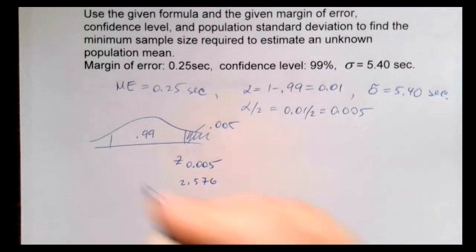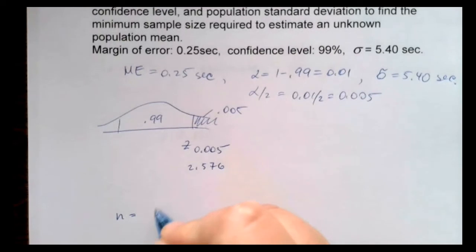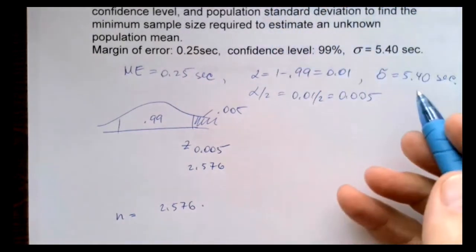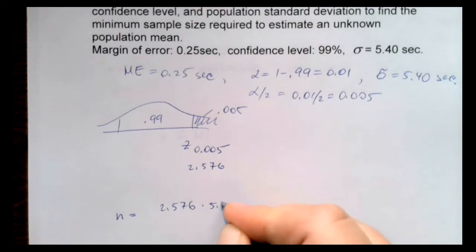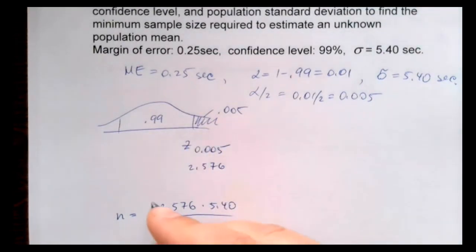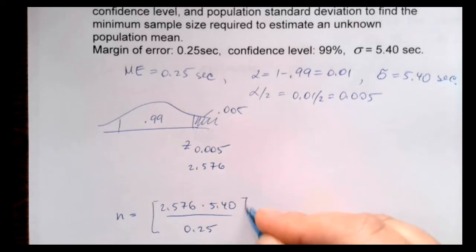So n is equal to Z, which is 2.576, times the standard deviation of the population, which is 5.4, divided by the margin of error, which in our case is 0.25, and we're going to square that value.